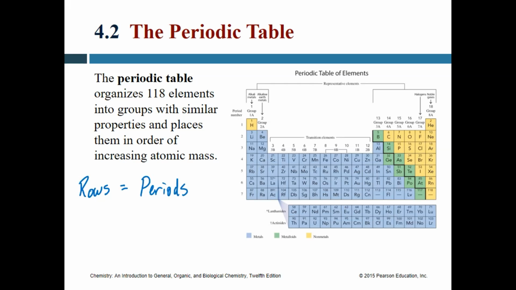When we are talking about rows on the periodic table, we refer to those as periods. It is the periods, the rows, that make the periodic table, well, periodic.